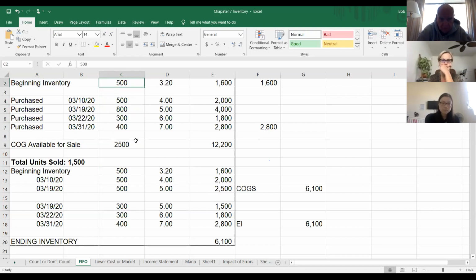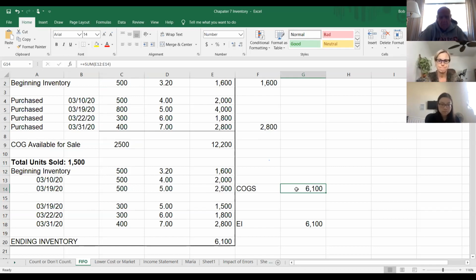500 times 3.20, 500 times 4. And we did not need the whole 800. We just needed 500. We multiply this out and add the numbers up, and you get your cost of goods sold. Does that make a little bit of sense just to get started? You're going to be working these layers down.